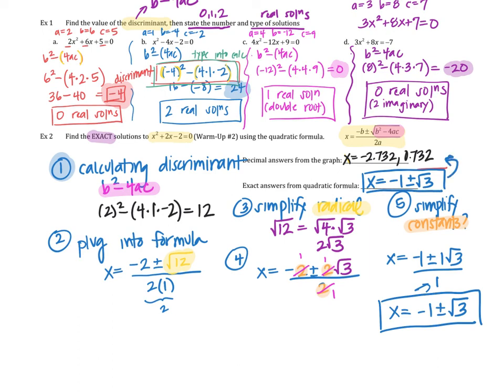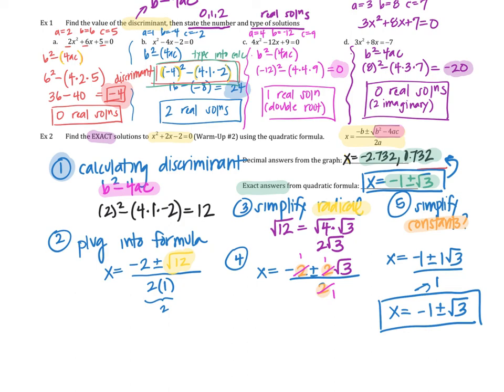So here's the connection, and here's the big idea. If I were to type negative 1 plus square root of 3, I'm going to get 0.732. And in my calculator, if I were to type negative 1 minus square root of 3, I'm going to get negative 2.732. Again, those match, but we want the exact answers, and that's what the quadratic formula does for us.